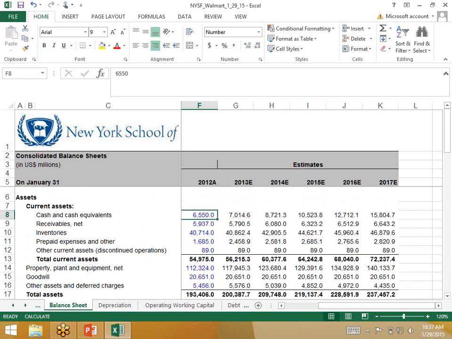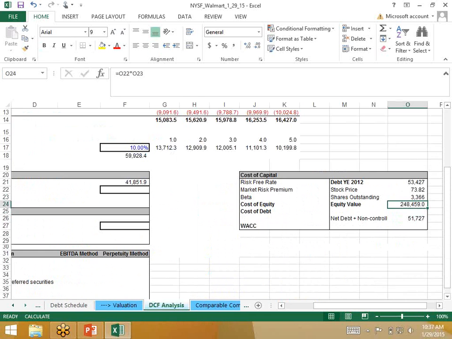Minus 6550. Which is 51727. I don't know why it wasn't subtracted that.